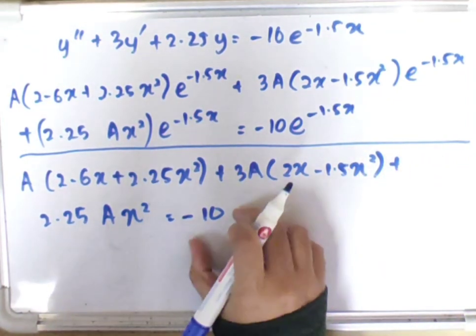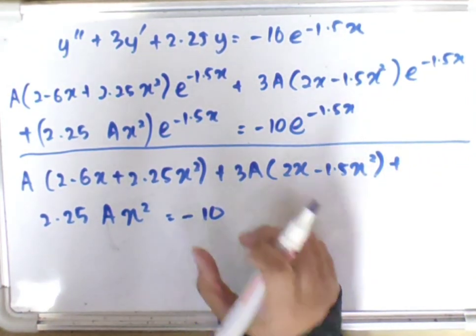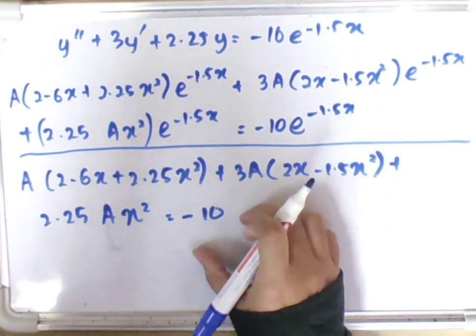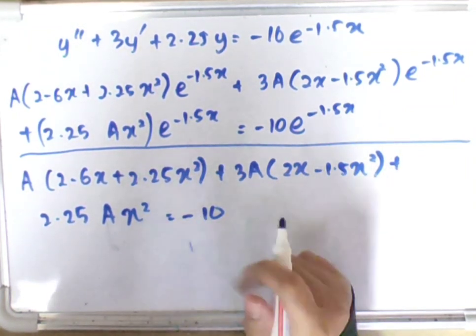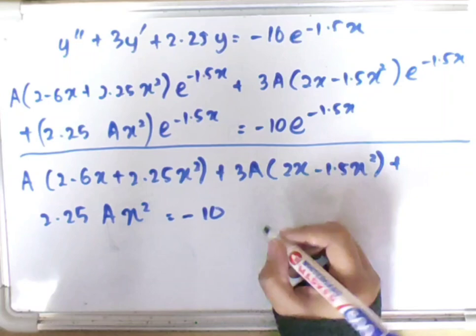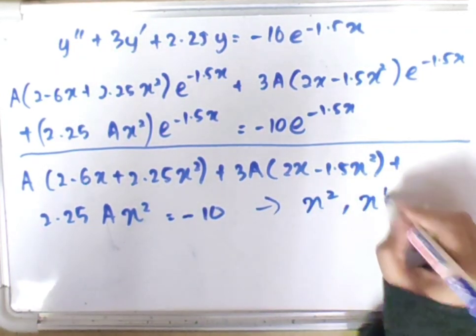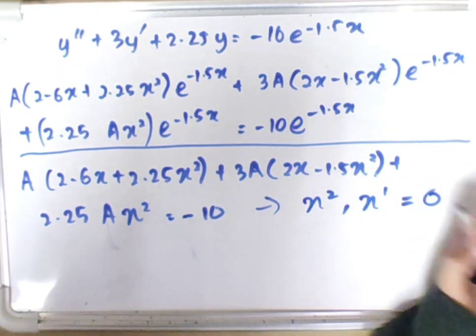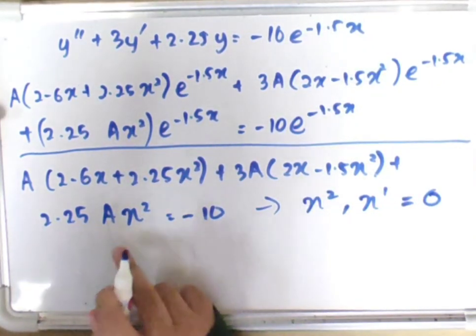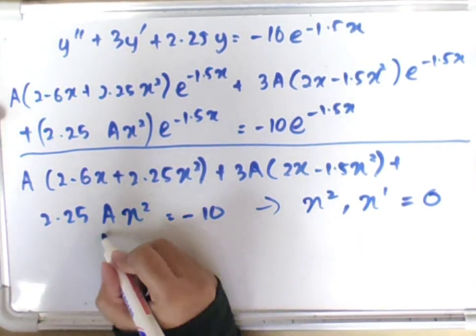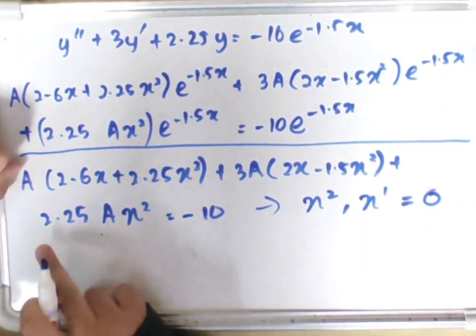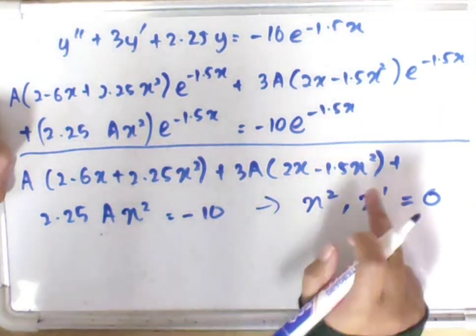The right side, negative 10, has no x squared or x1 terms, so those are 0.